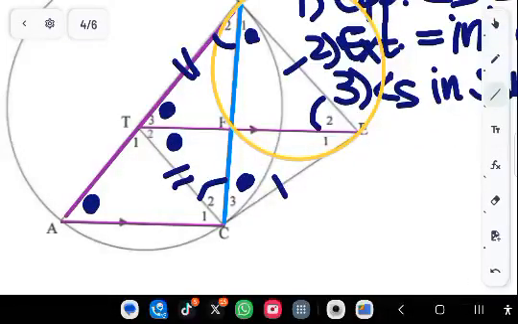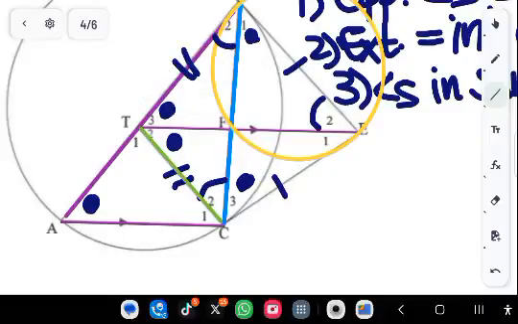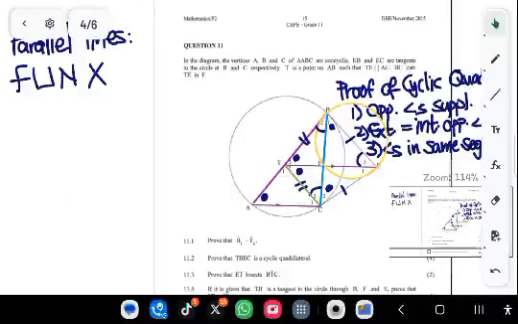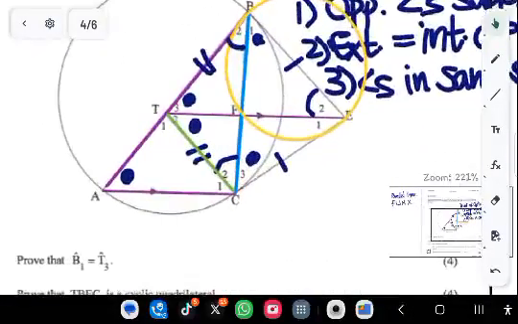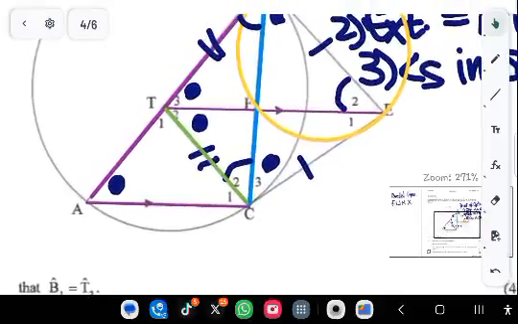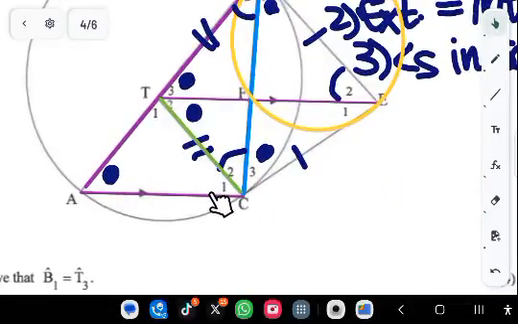Let's add this line and form a Z. Remember, whenever we have parallel lines, we can form an F, U, N, or Z, and an X, sometimes, not always. Now notice that TE, TC, and AC form a Z. Therefore angle T2 is equal to angle C1.